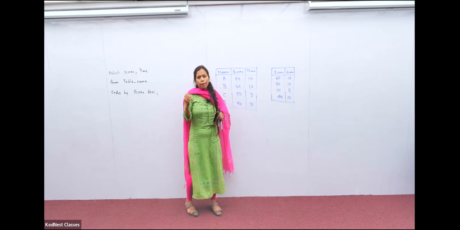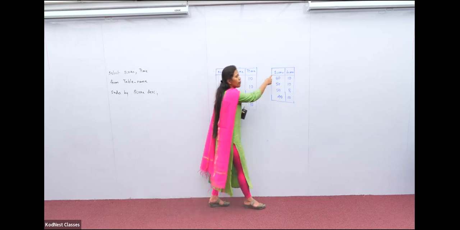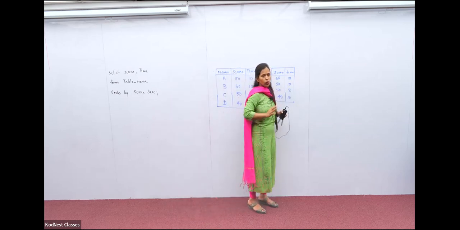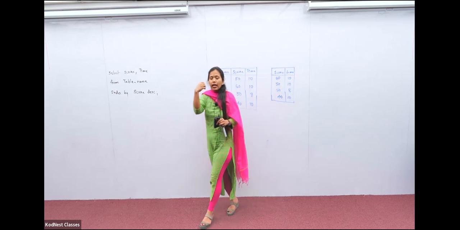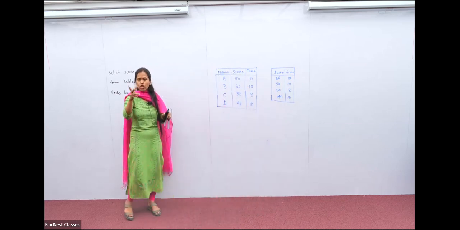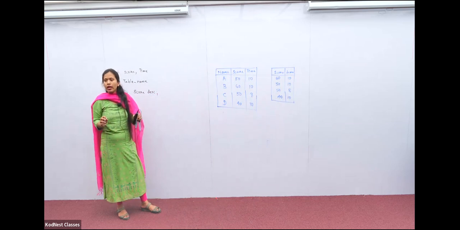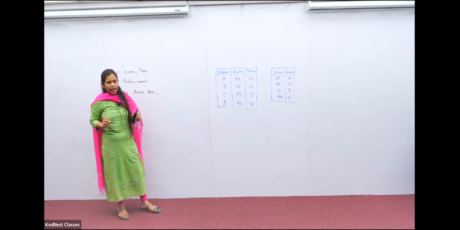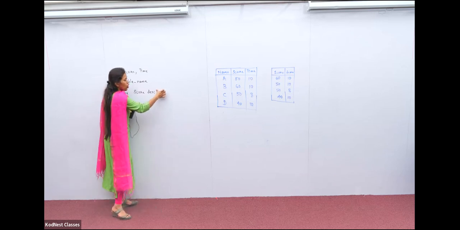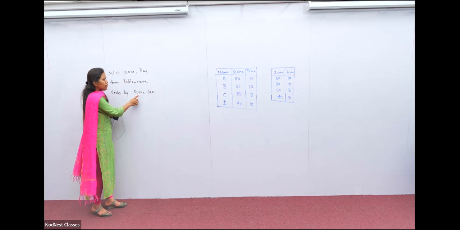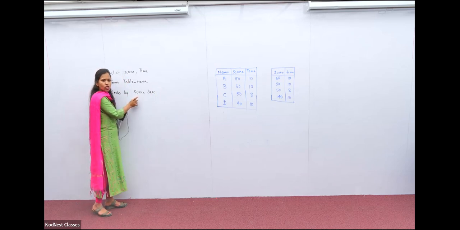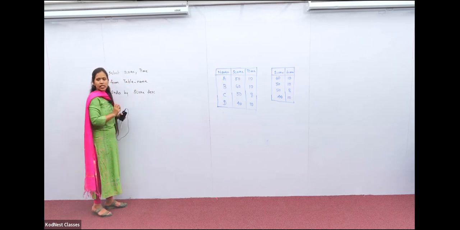So now, based on the score, you have performed the sorting. This is what you are going to get. Now, they have also told that if two players have the same score, then secondary sorting should happen on the time they have taken. So here in the order by clause, I'll tell first sorting, primary sorting, is on the score column. That is the first priority.